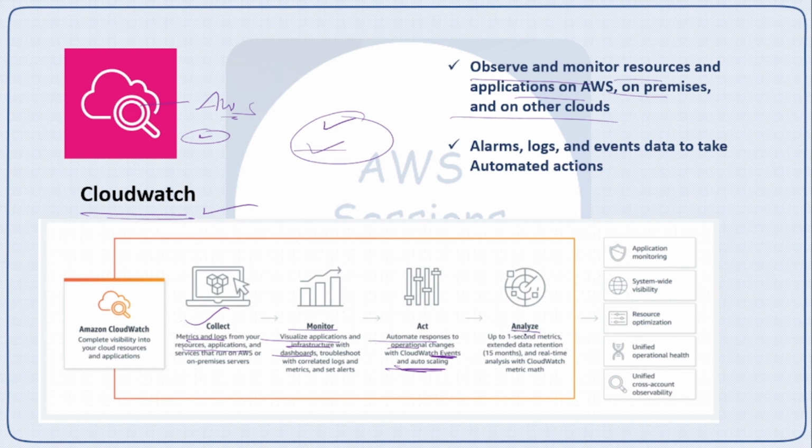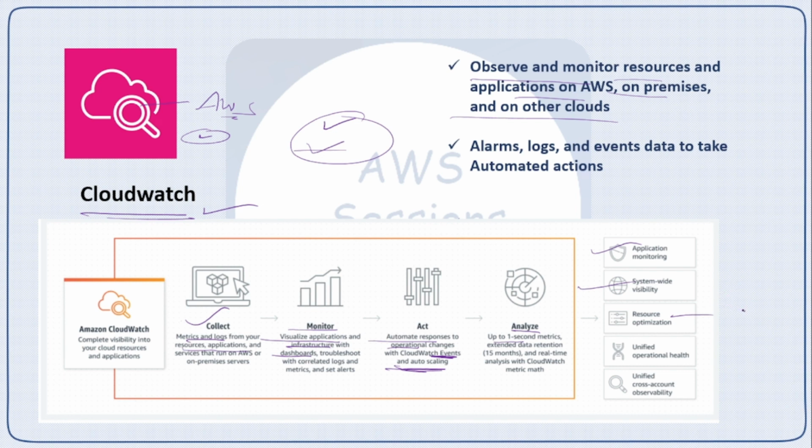And analyze. It can collect data up to a granularity of 1 second. That is huge. With this, you can have application monitoring, system-wide visibility, and resource optimization. But how? Suppose your resource utilization of your EC2 instances is not very high.